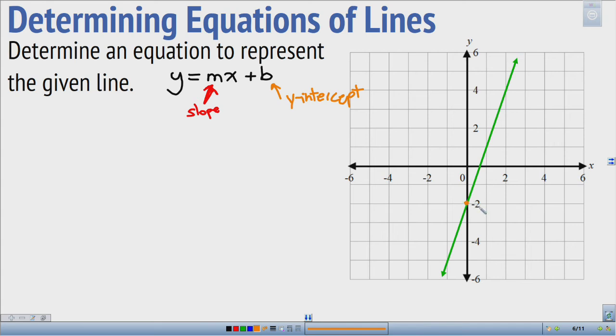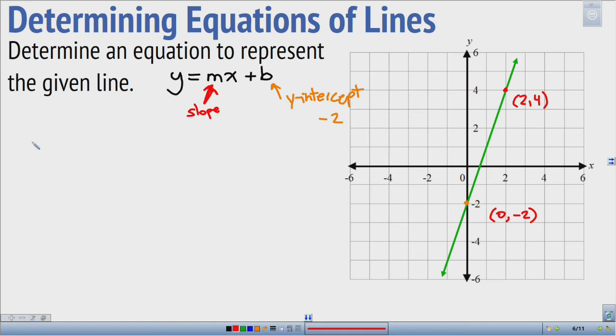It's at -2. And the slope I can calculate by finding two points. I can pick this point, which is at (0, -2), and I can find another point. Let's use this one here, at (2, 4).